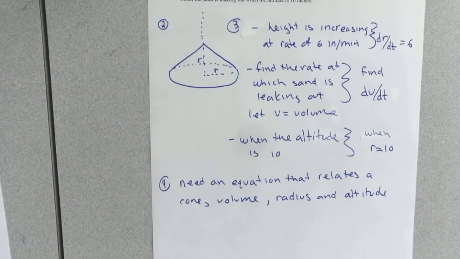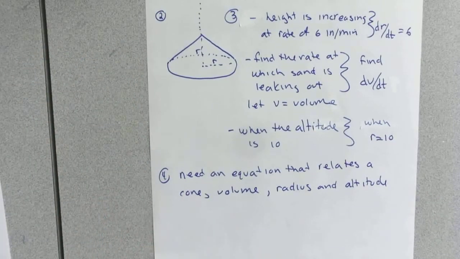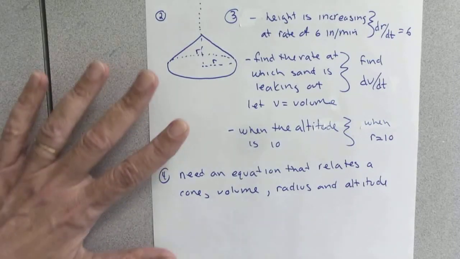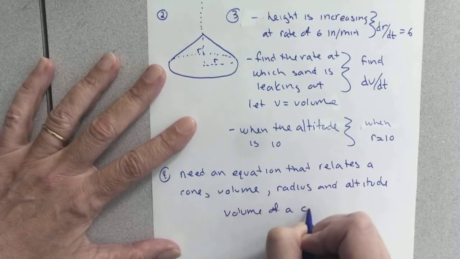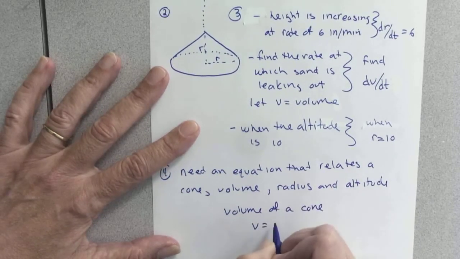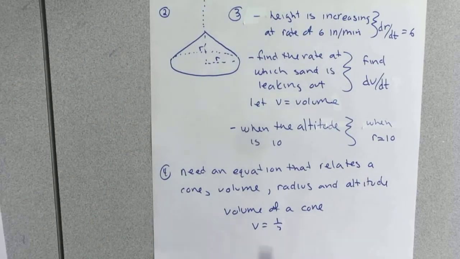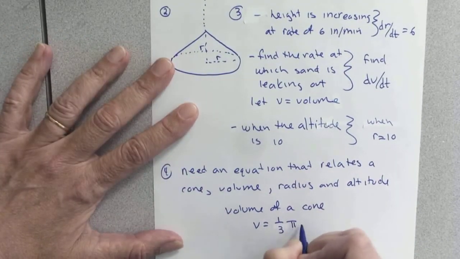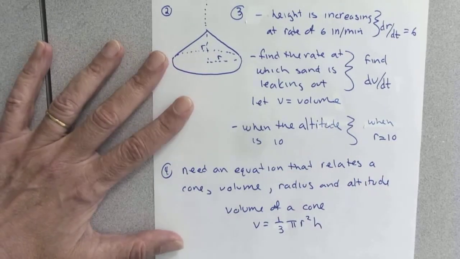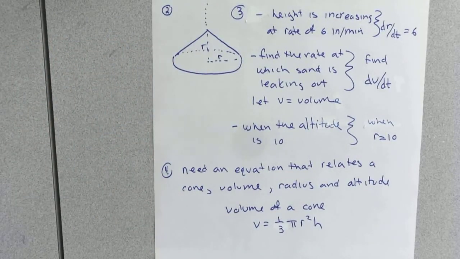All these are basic geometric formulas, and I have posted in MyLab Math a sheet of them. One is the volume of a cone: volume equals 1/3 pi r squared h.